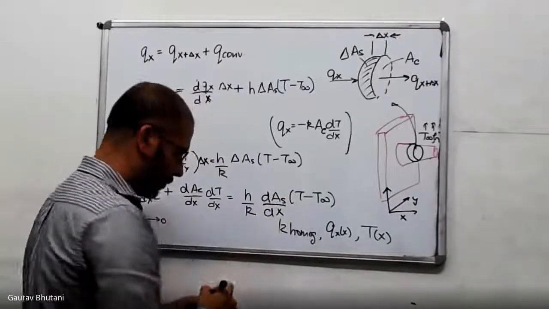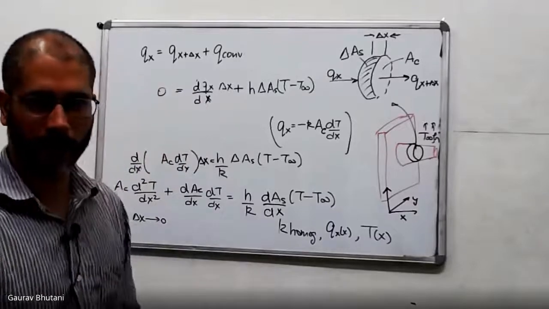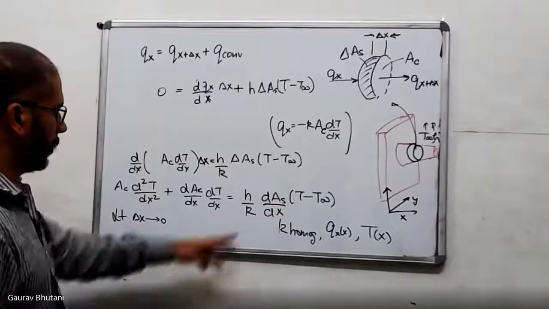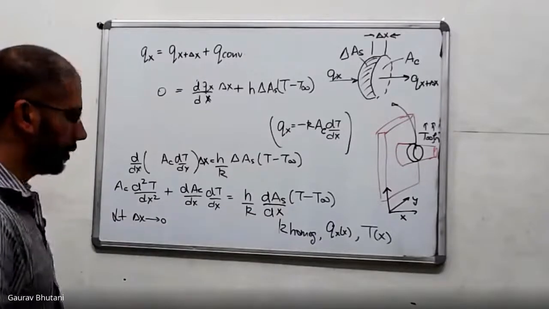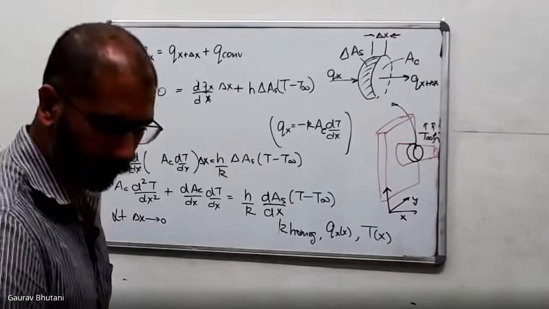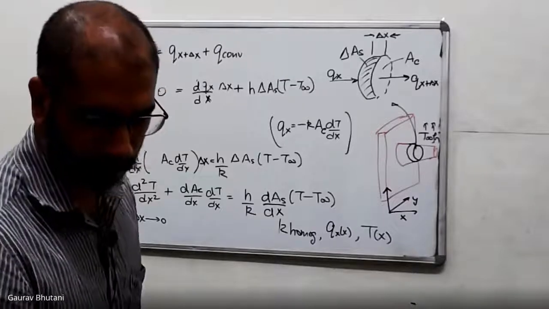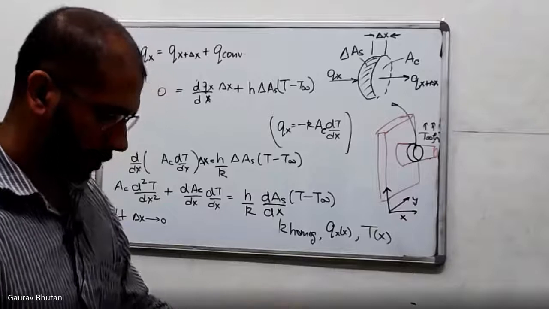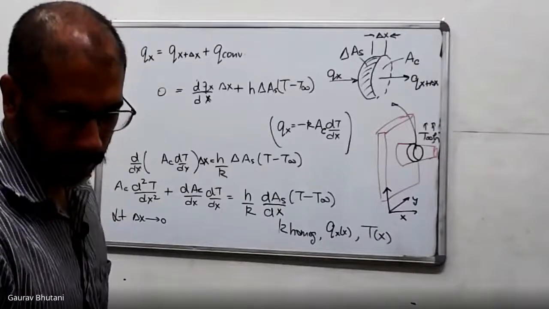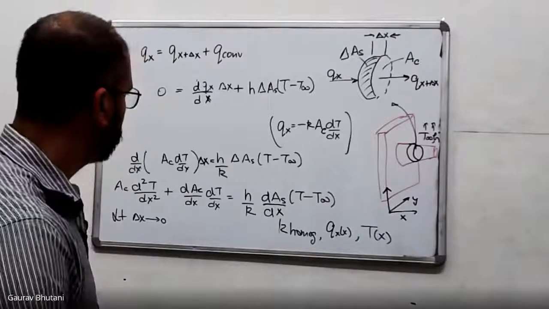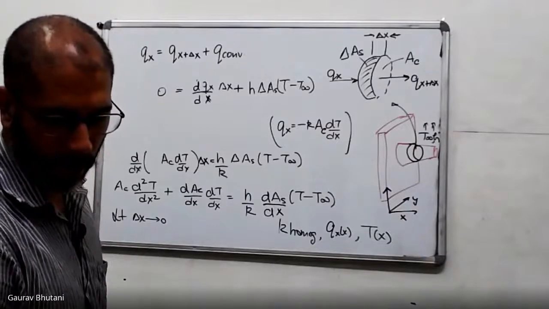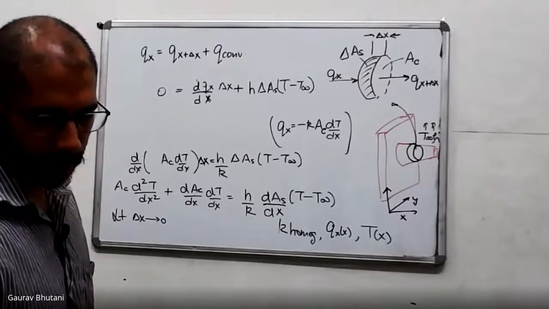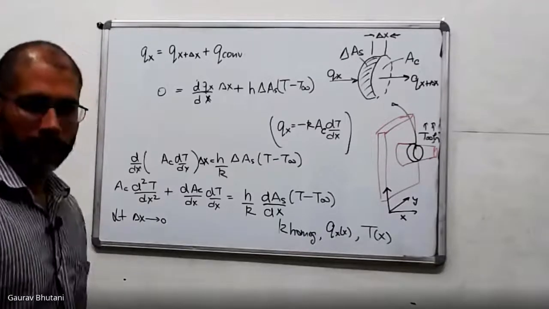I'm trying to save a lot of board space here, so I'm doing this work above the equations. So this is the equation that we have for our heat fin. Any questions?